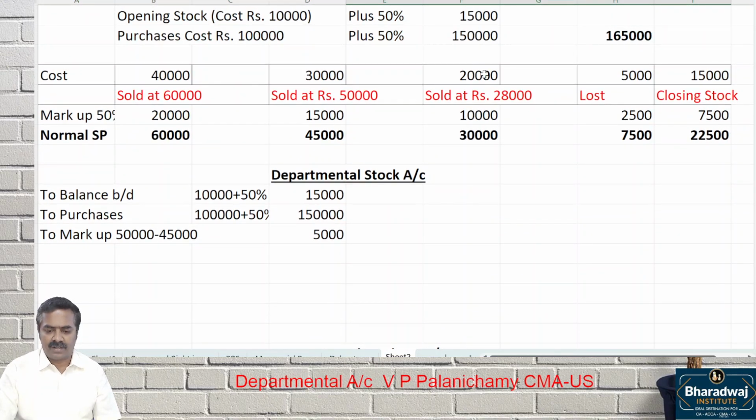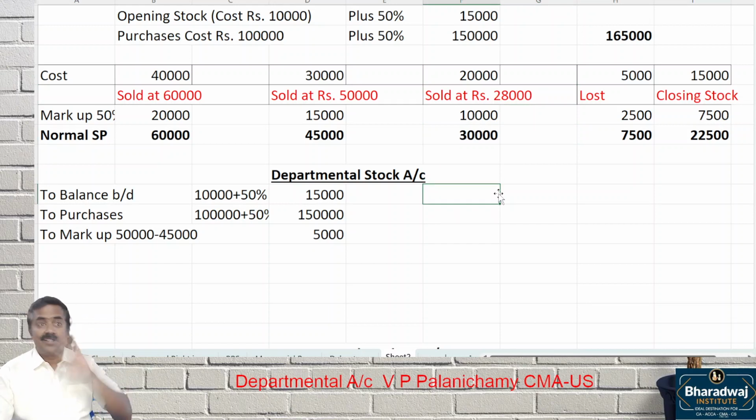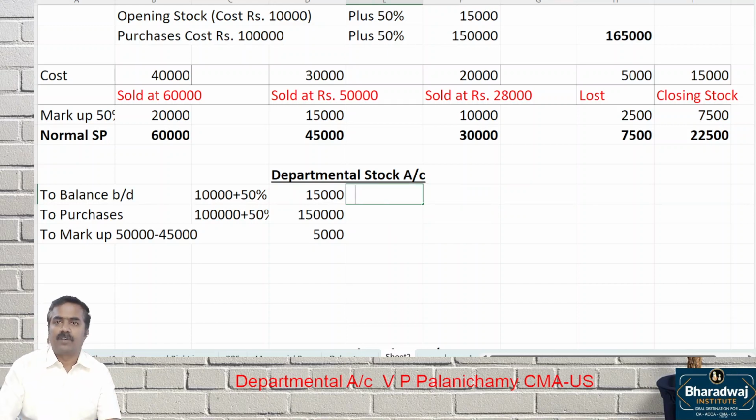Look at the next one. 20,000 plus 50%. Expected selling price is 30,000, but we sold it at 28,000 now. It is not a loss. Sold for less than the normal selling price. How will it be done? There is no separate account called markdown account. It will be called markup account only.